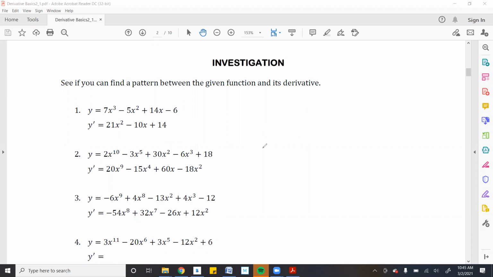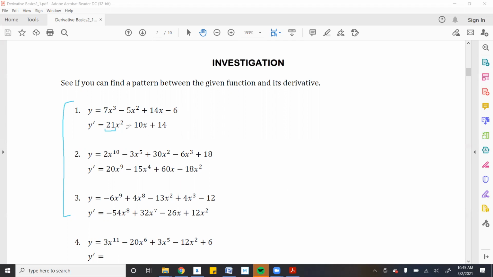So take some time to go through these first 3 yourself and see if you can notice anything, any similarities, any numbers, right? Maybe ask yourself, where'd this 21 come from? What in my original function could have possibly gotten me a 21, right?